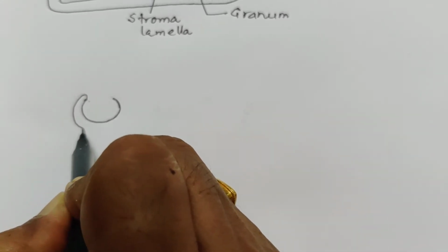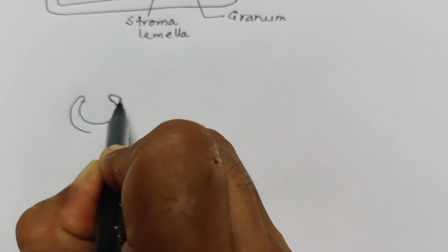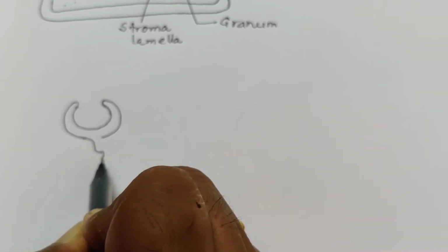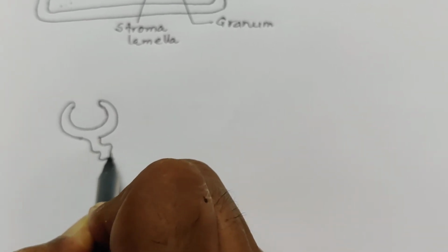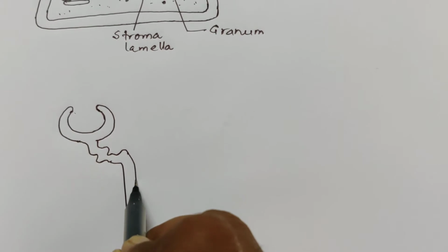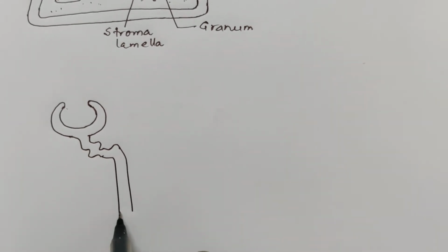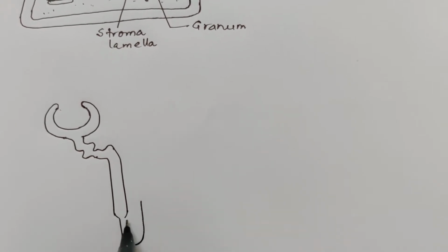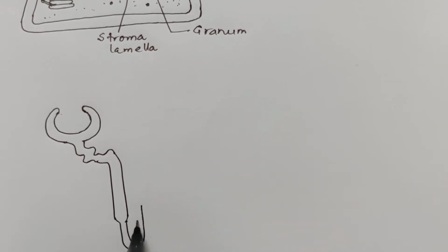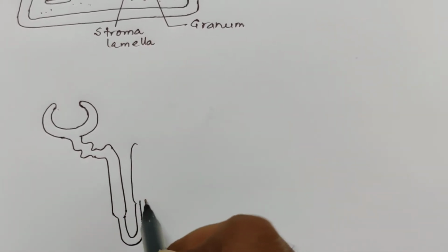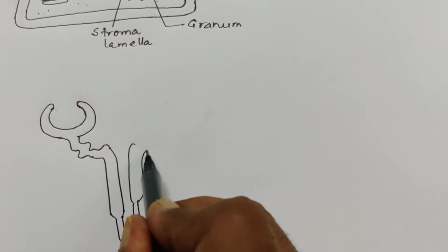This is the Bowman's capsule. This is the proximal convoluted tubule. This is the loop of Henle. Now this is ascending limb of the loop of Henle.